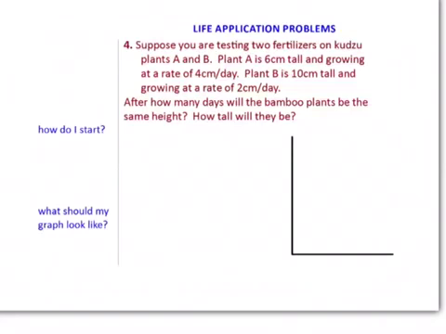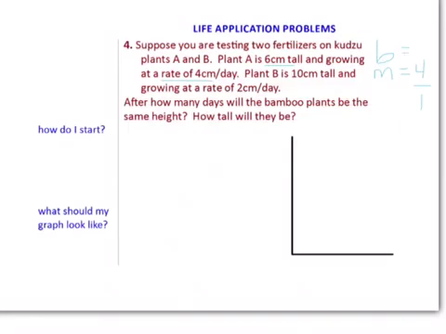Well, we said that where I start is going to be my y-intercept. And slope is my rate of change. Well, I'm changing at a rate of 4 centimeters a day.